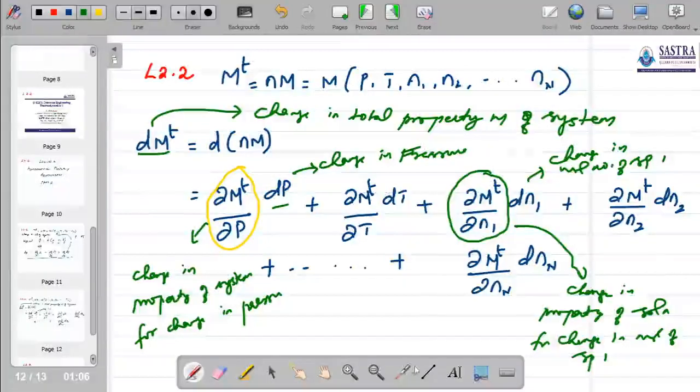So, like this we can write, and we can extend this to all the n components of the system.